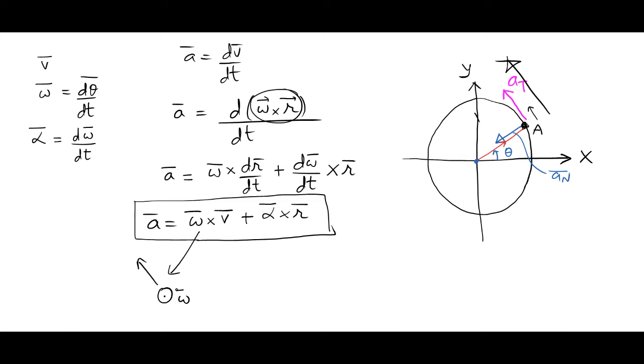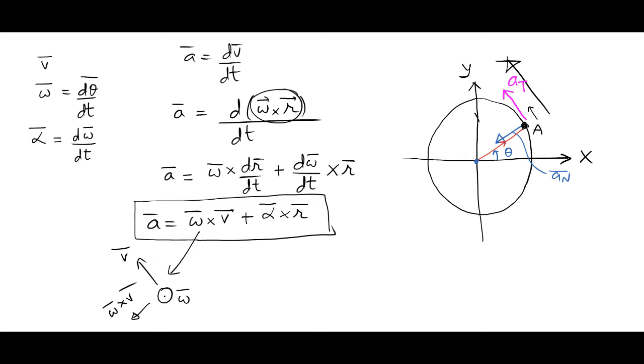So this vector is omega bar and this vector is v bar, and if you actually apply the right hand rule to find the direction of omega bar cross v bar, then you'll get a direction like that. Omega bar cross v bar would be in that direction, and you can see that that direction actually corresponds to the direction of the normal acceleration, this direction, centripetal, center seeking.